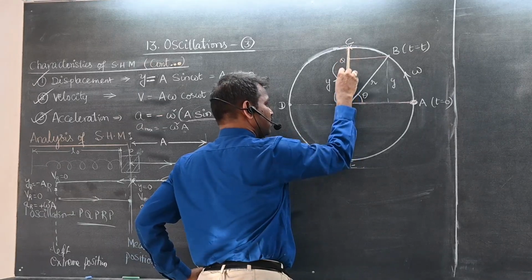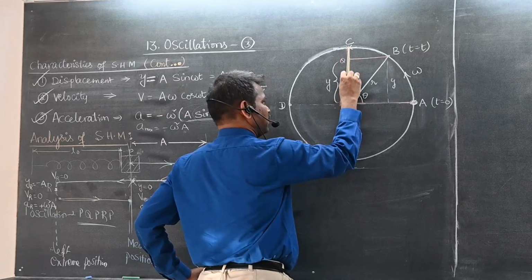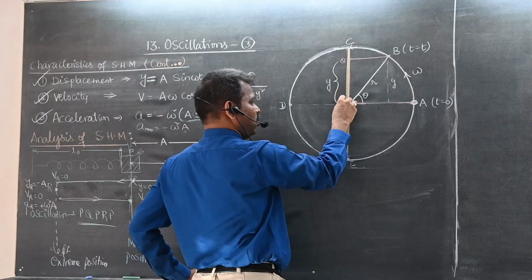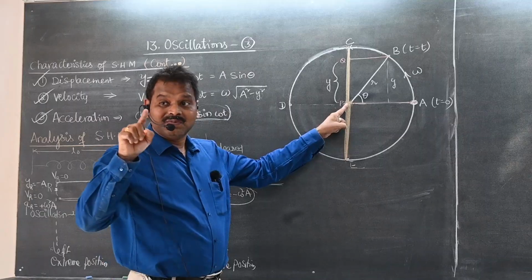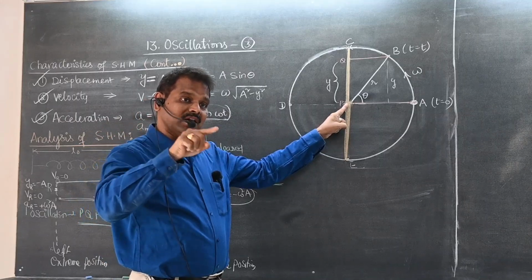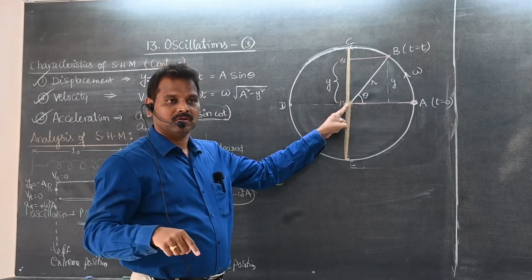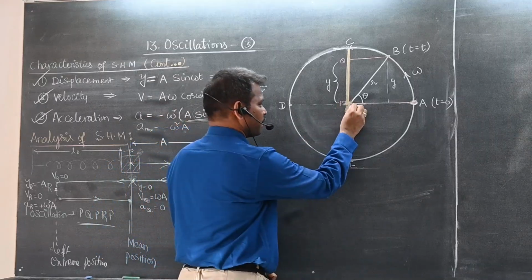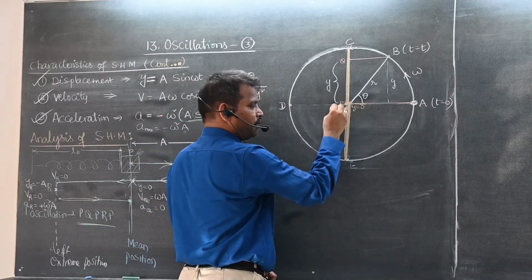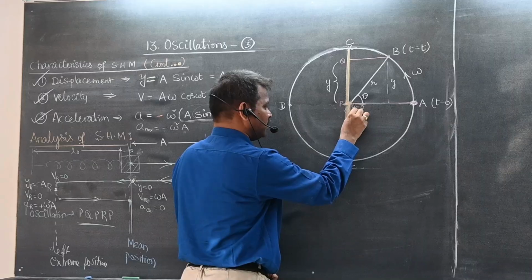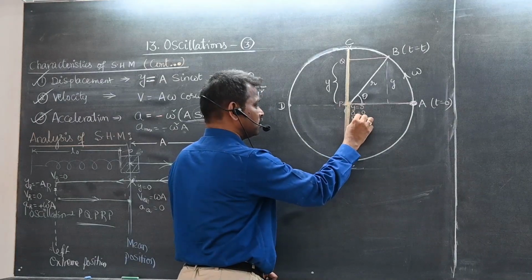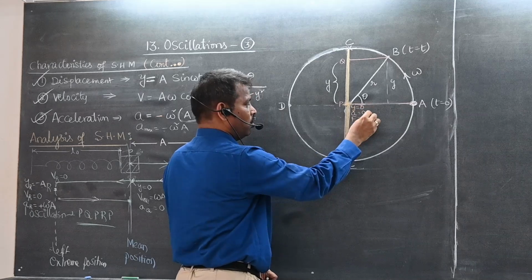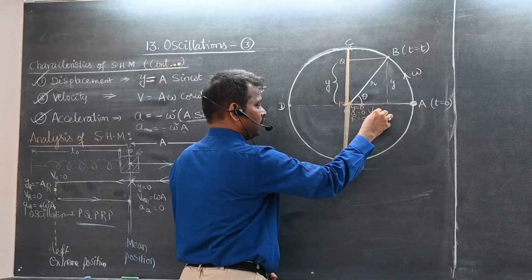It is moving along a straight line path, to and fro about this fixed point. That fixed point where displacement is 0, acceleration is 0, force is 0. At this point, what is y? What is acceleration? Because a is equal to minus omega square y. What is force? All are 0. Only velocity is how much?